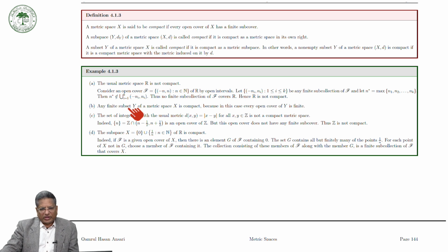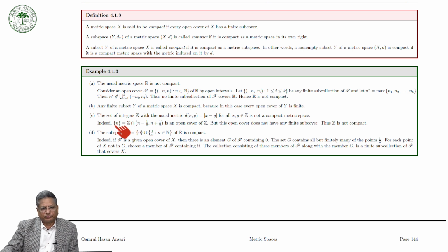Now, what about the set of integers with respect to the usual metric? The usual metric means d(x, y) = |x - y|. The set of integers with respect to the usual metric is not a compact metric space. Why is it not compact? Every integer n can be written as Z intersection (n - 1/2, n + 1/2). If we take this intersection, we get n.